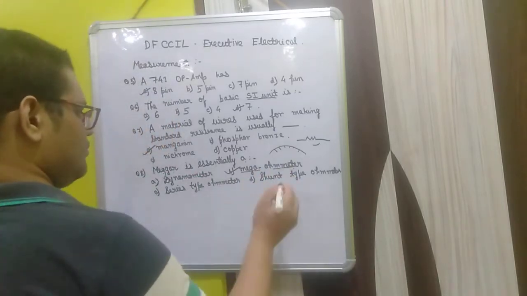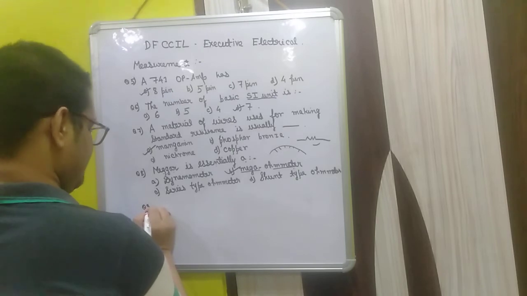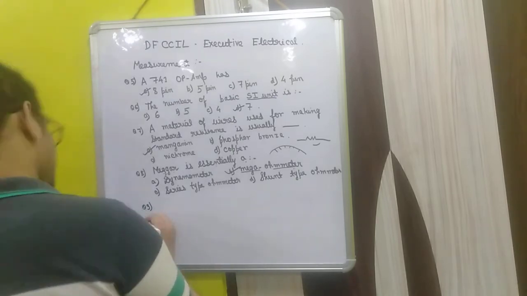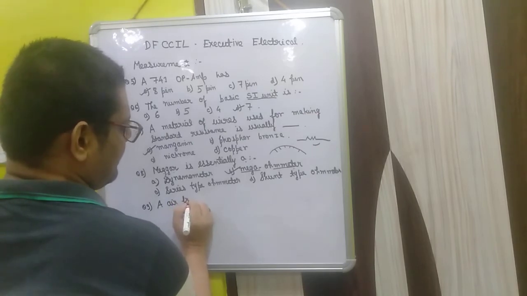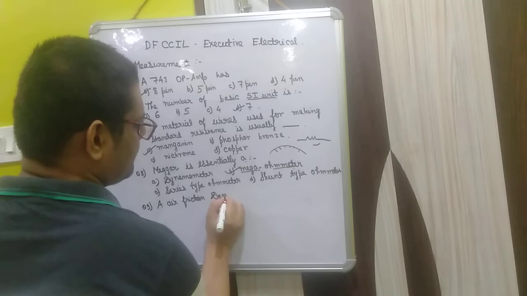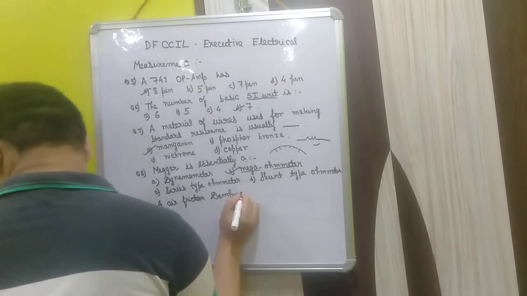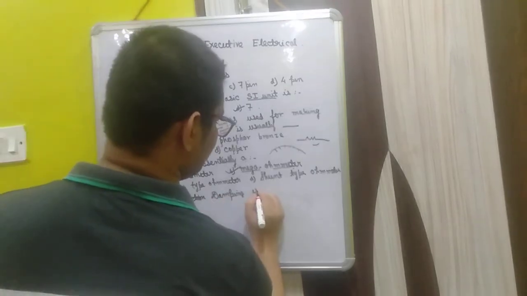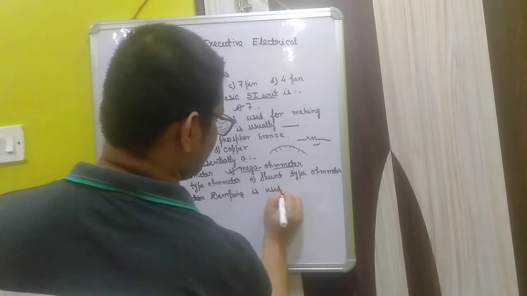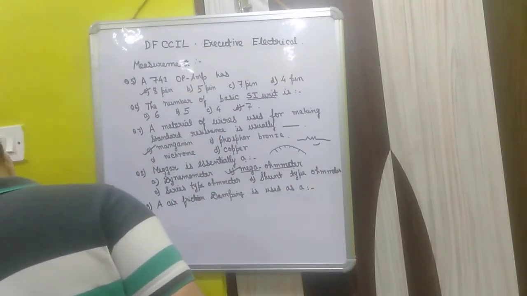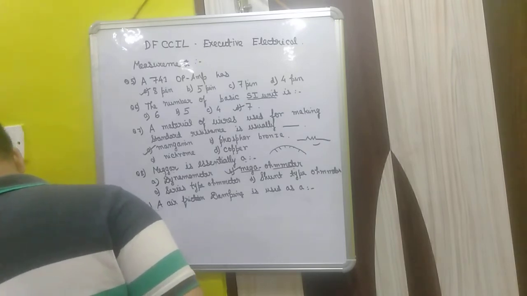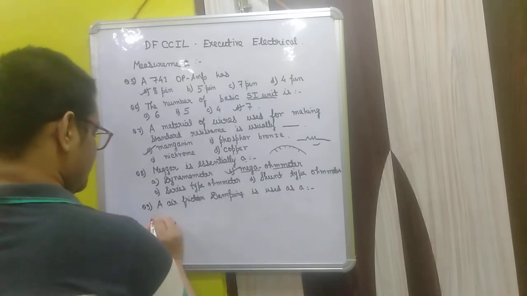So I now go to question number 9. Question number 9 is air friction damping. Air friction damping is used as... There are four options given. That is the hot wire.